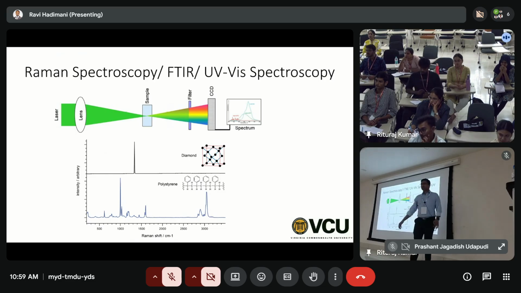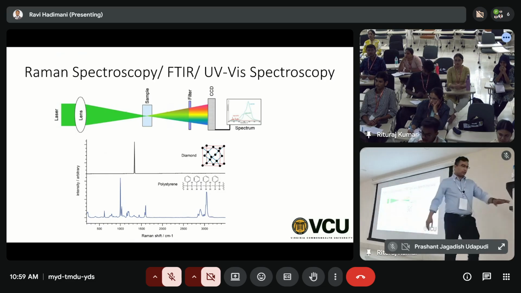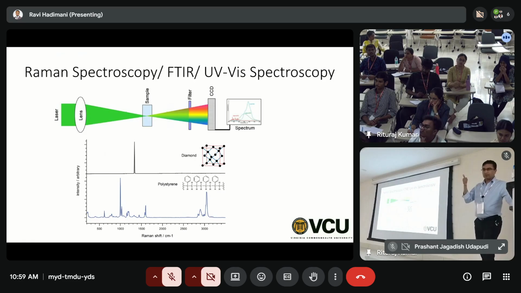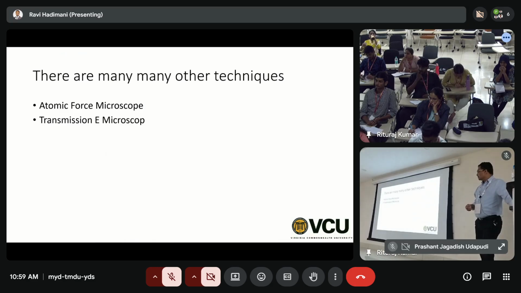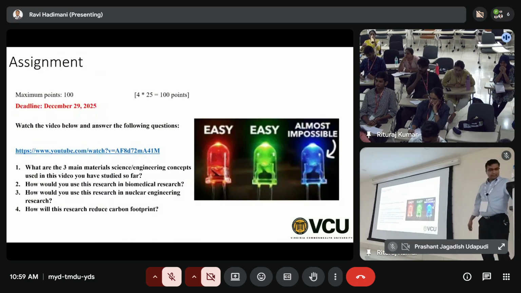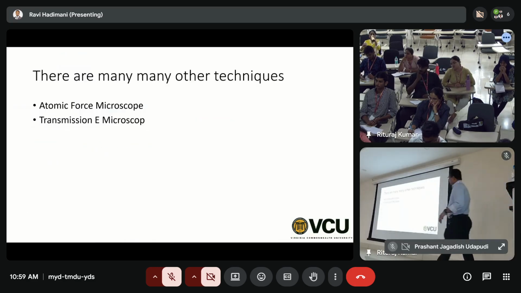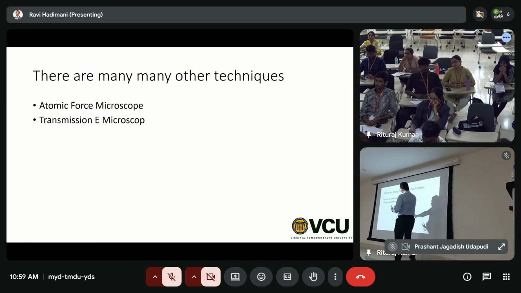There are so many techniques that you can use to make sure you have the right morphology, right composition, right crystal structure, right dimension, right? Then there are many other techniques. You can also have atomic force microscope, transmission electron microscope.